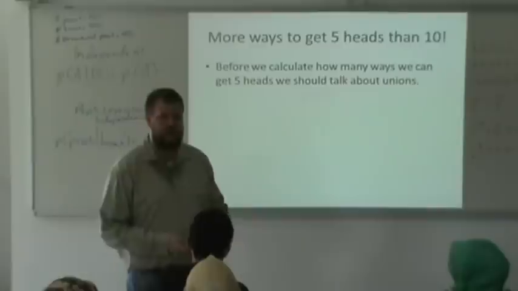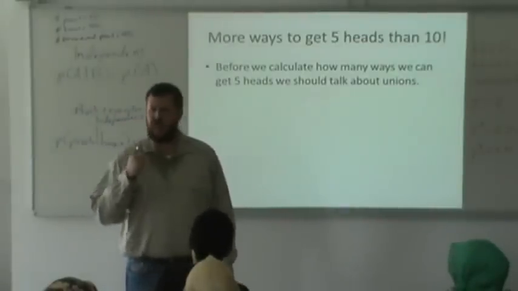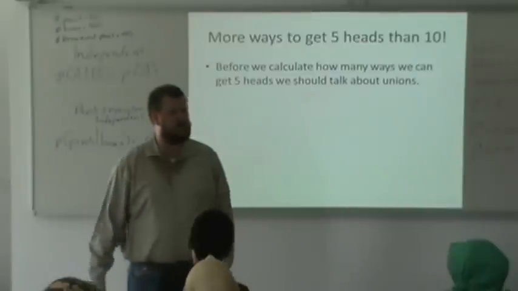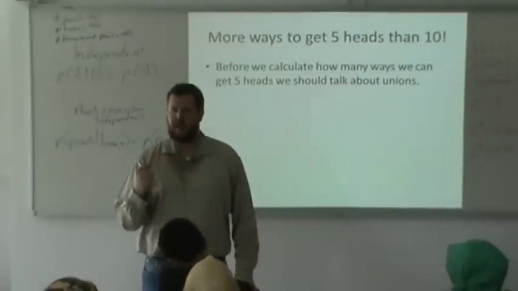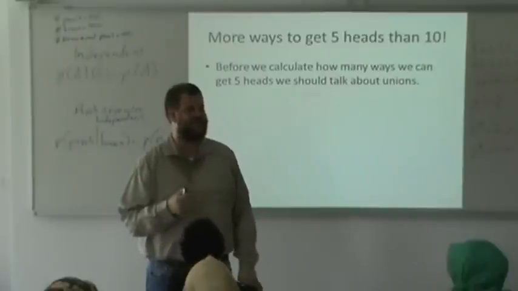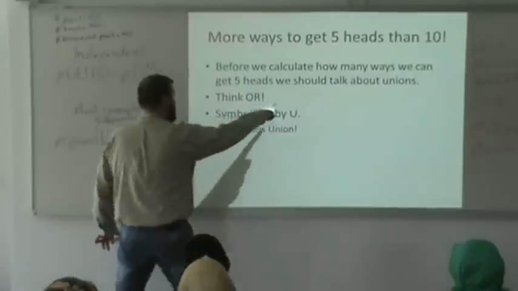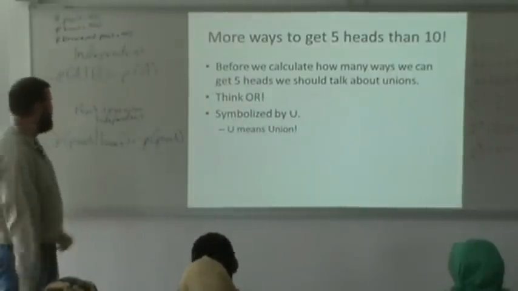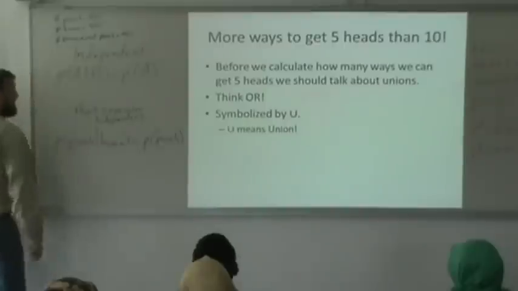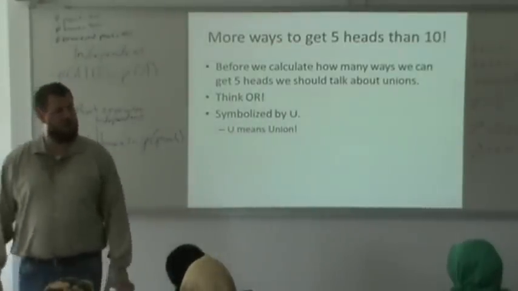Unions are different than intersections. Intersections sounds like it starts with N, and it's represented by a symbol that looks like an N. What do you think? Unions are represented by the symbol U. It's not a U, but it looks like one. And it means union. Think or.